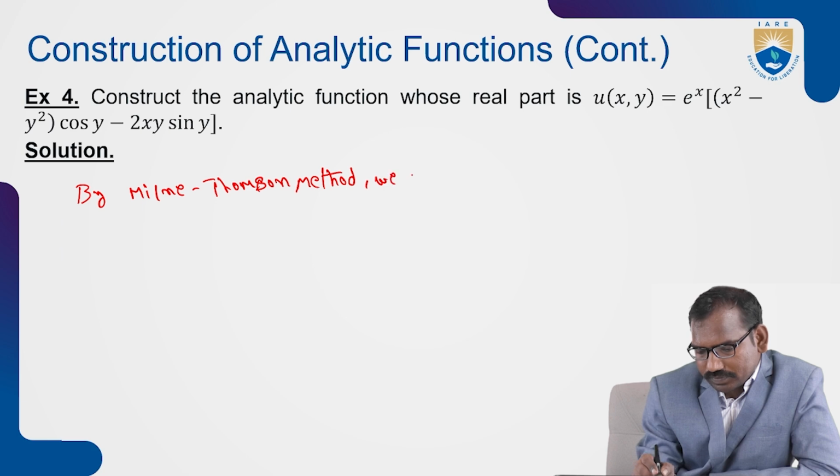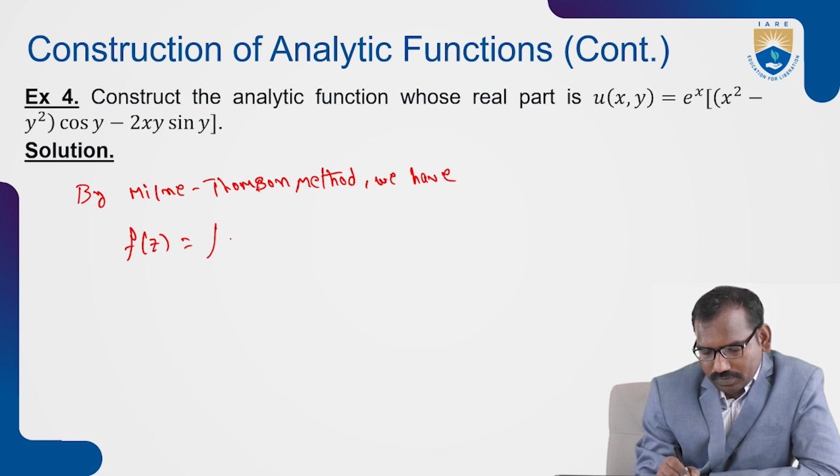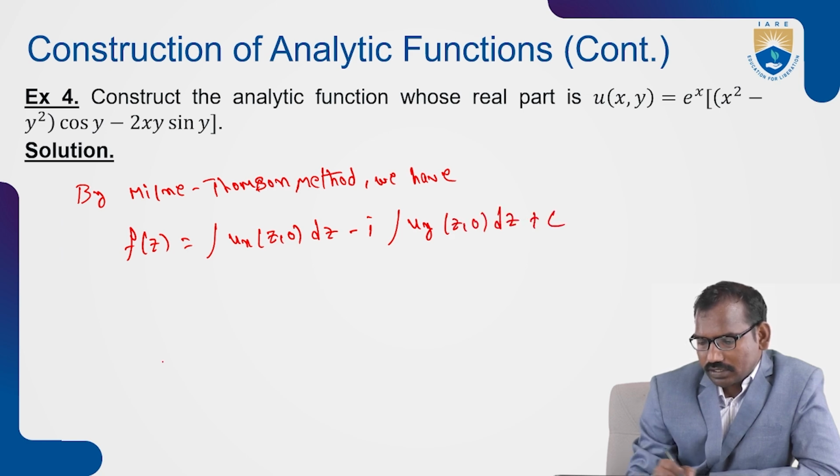We have, I am going to write f of z in terms of u, that is integral of ux at z comma 0 dz minus i times integral of u sub y at z comma 0 dz plus c, this is the arbitrary complex constant.